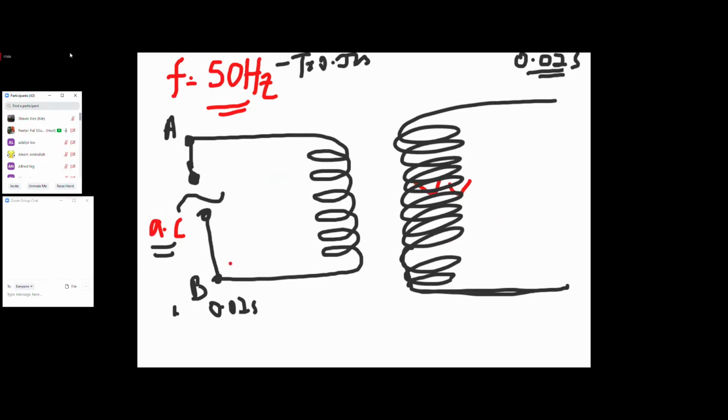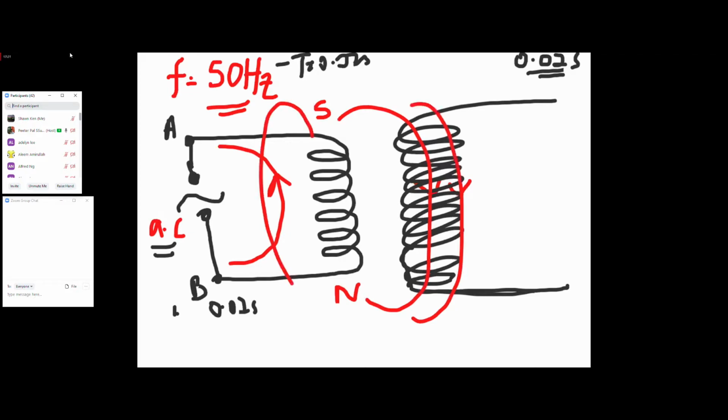Now current flows from B to A. Now let's say down is north and up is south. So the electromagnetic field flows again, produced on both sides. This electromagnetic field will cut the secondary coil. This time the secondary coil experiences changes of flux, down north, up south.